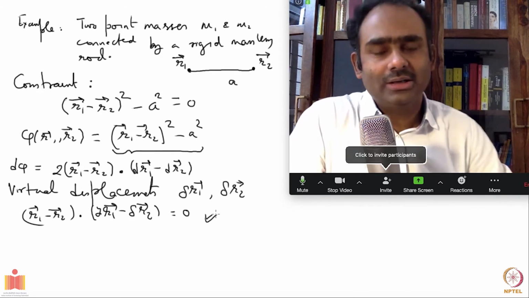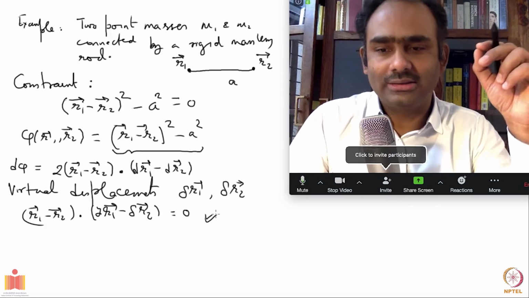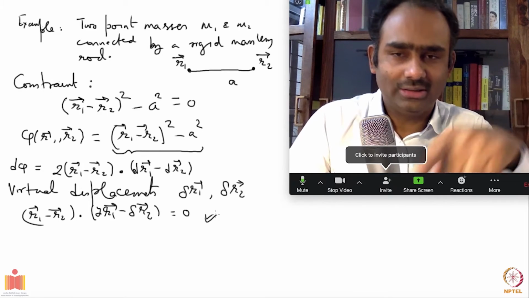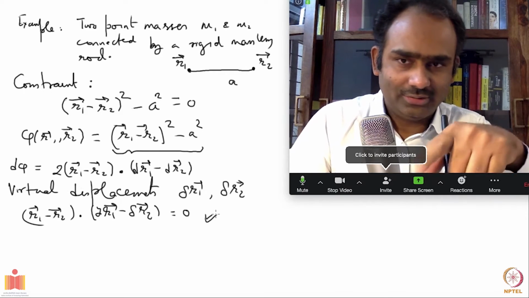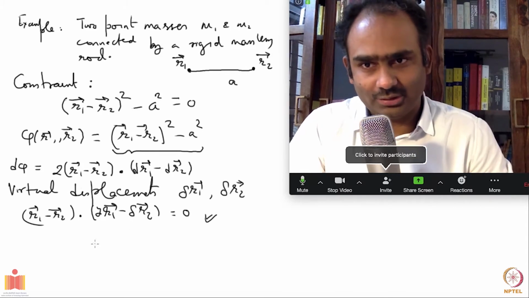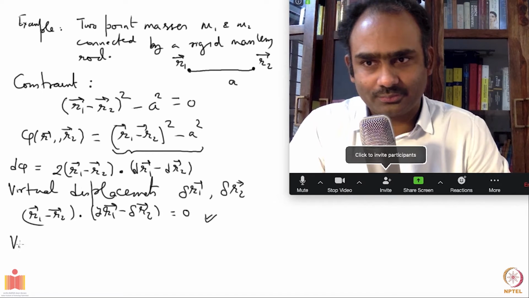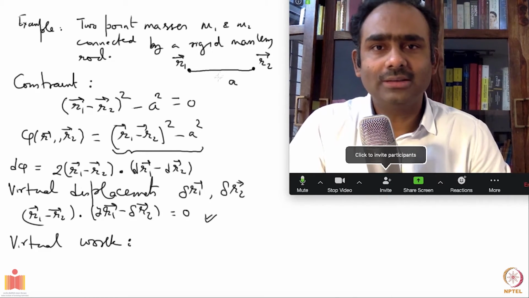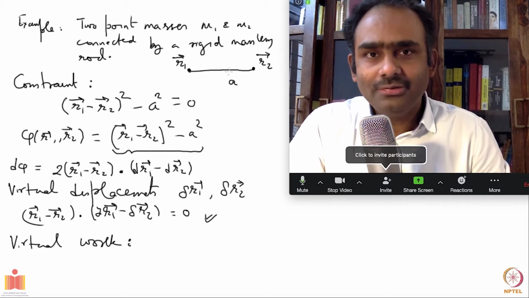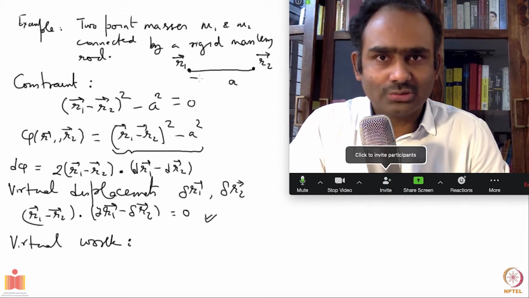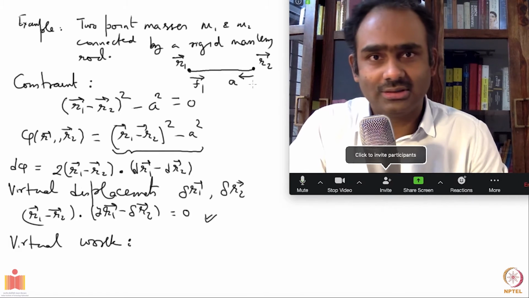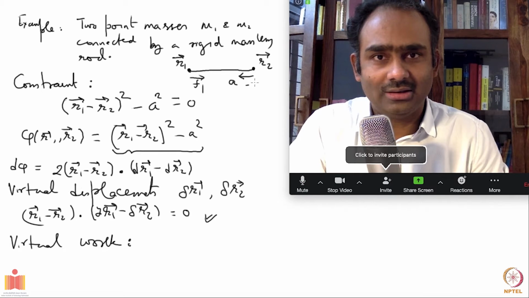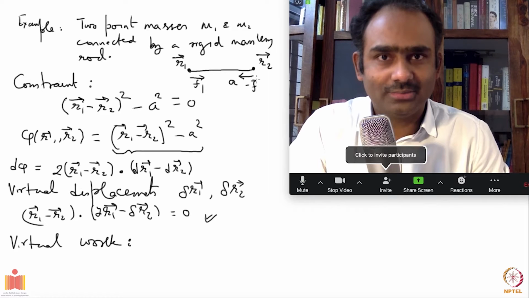That's good. Now let's find out the work done in a virtual displacement. Let's find out the virtual work. Let's look at these particles. If particle 1 is pulling particle 2 with force F1, then particle 1 is being pulled by the same force F1 but in the opposite direction.